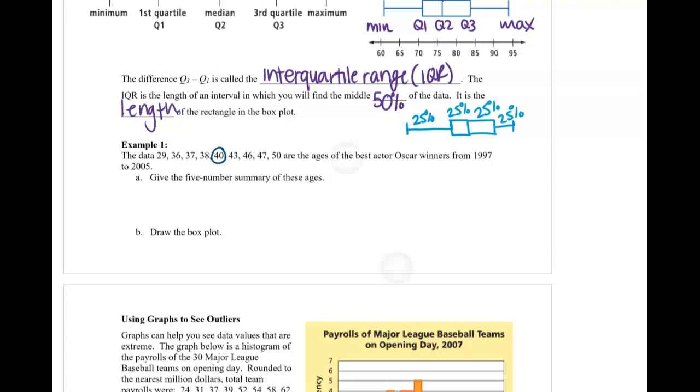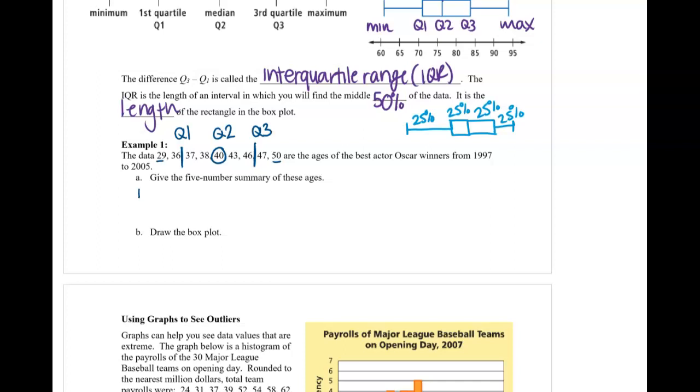So our median, or Q2, will be 40. Then from there, you can find the median of either side. Q3 will fall between 46 and 47, so 46.5. That's Q3. And the median of the lower half will be between 36 and 37. That's Q1. And then our minimum is 29 and our max is 50.